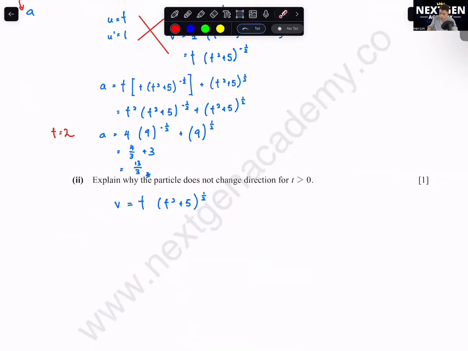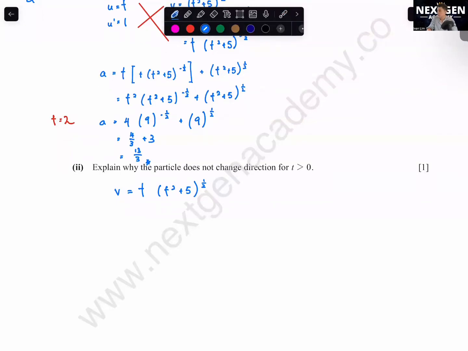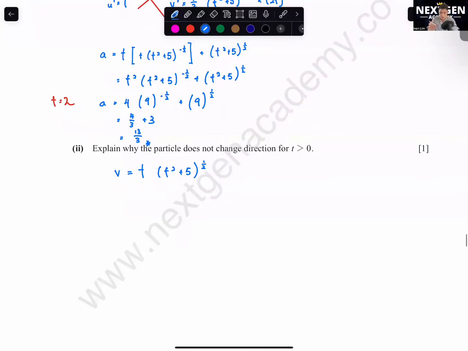Your time can only be positive. So when you look here, I put any positive value. What is my outcome always for v? If I put any positive value, whether it's 1, 2, 3, 4, your v will always be positive. So what we can write is that there is no change in sign for v. In short, if you don't understand this question, just memorize the answer, but I'm just explaining over here.